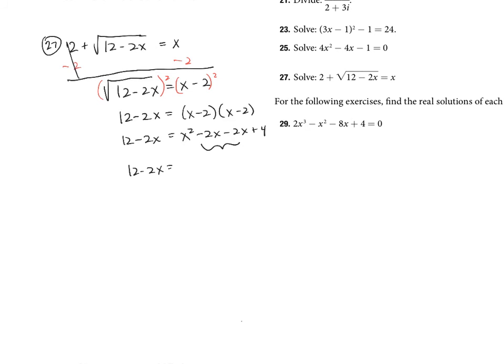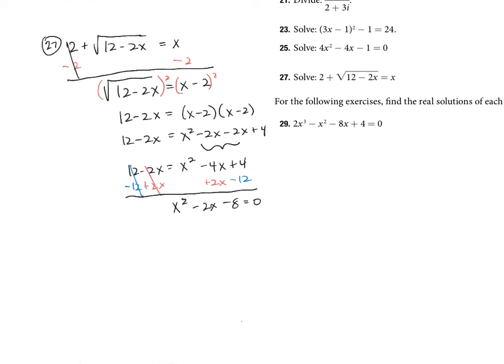So 12 minus 2x is equal to x squared minus 4x plus 4. Now I'm going to add 2x to both sides and subtract 12 from both sides. So I get x squared minus 2x minus 8 equals 0.